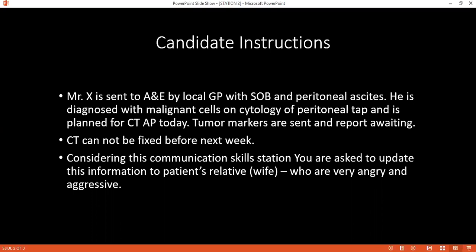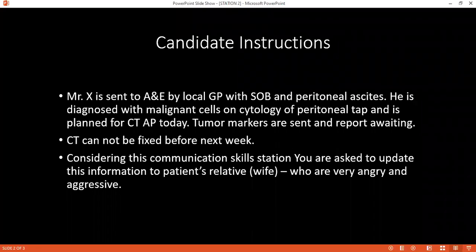We will collect the tests which we have sent, and meanwhile we will try to keep Mr. X as comfortable as possible, and we will address his issues. He's having difficulty in breathing, doctor. Should he be kept like that, breathless and unattended, until the CT scan is in place? No, we will attend to that.